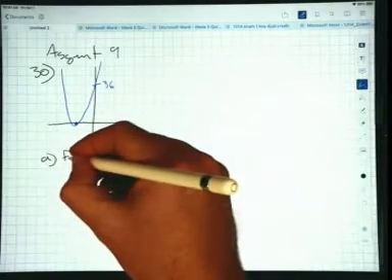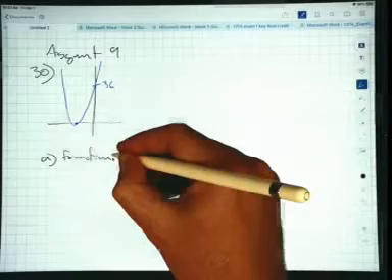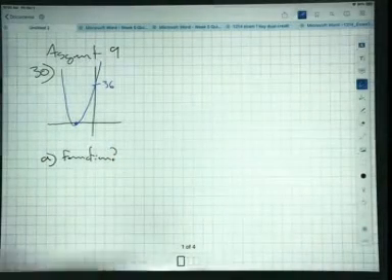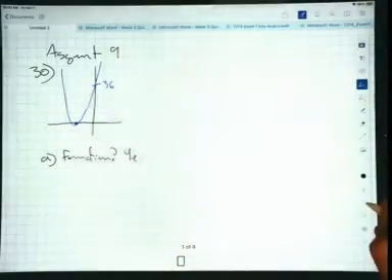Number 1, A, is it a function? Yes or no? You tell me. Why? It passes the vertical line test. Vertical line test, check. Good.